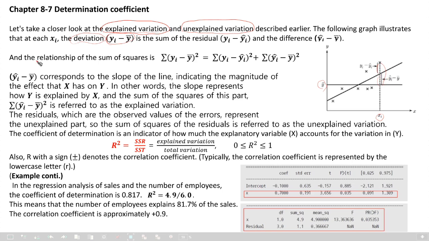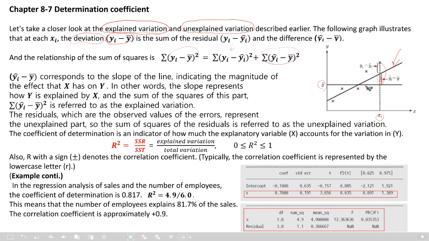And we obtained the relationship of the sum of squares: this part squared, summation of a squared thing, equals the summation of the squared residual plus the sum of this part squared. So let's see yi hat minus y bar. This difference corresponds to the slope of the line. What is the slope in this line?